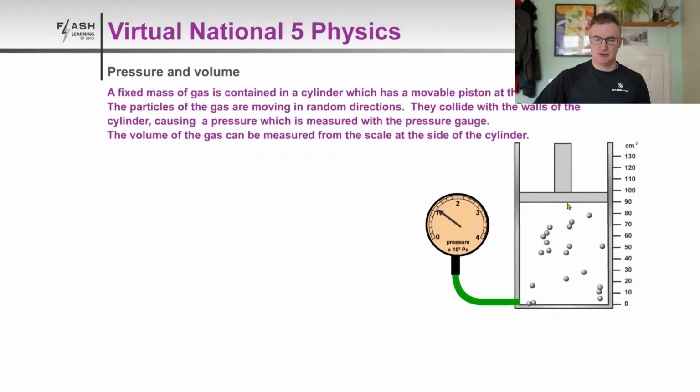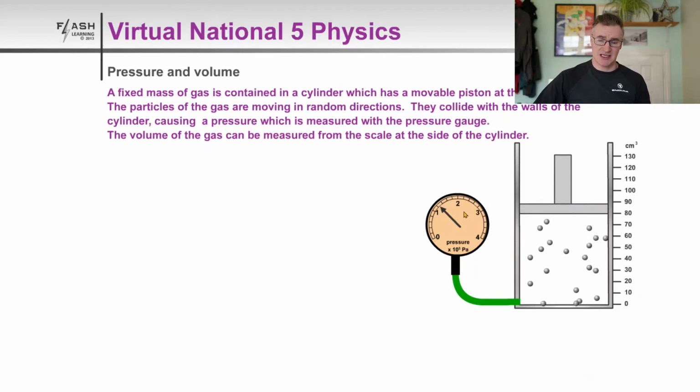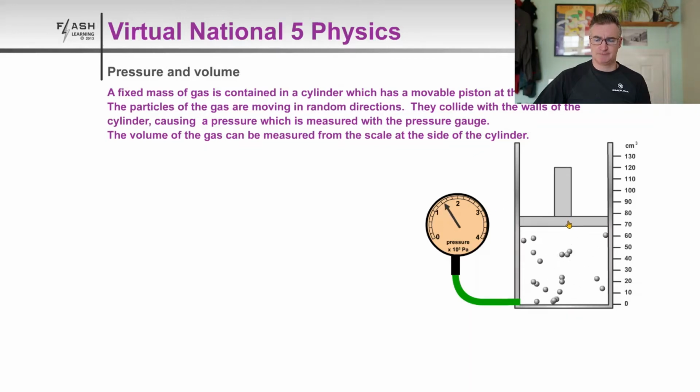You'll see that the pressure is increasing a small amount. We can take it down to 80. Again, as we vary the volume, we can read the pressure. So in this case, the independent variable, the variable that we're going to change, is the volume, and we're going to measure the dependent variable, the pressure.